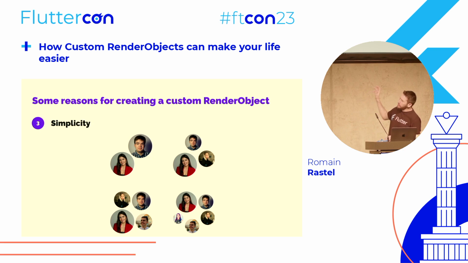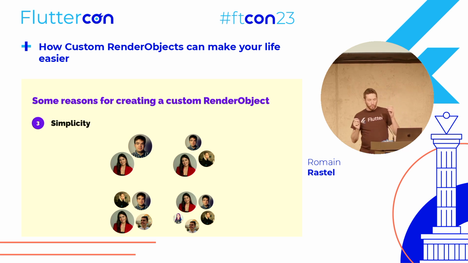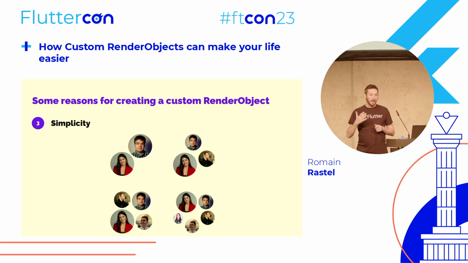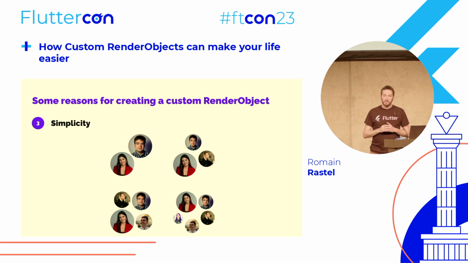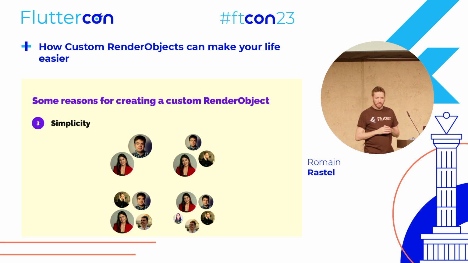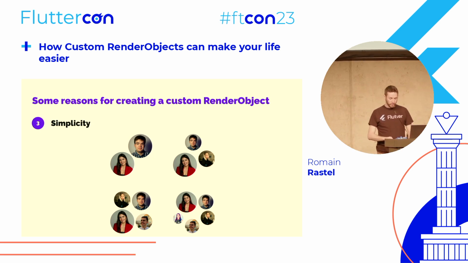In this example, we want to be able to display up to 5 avatars, and depending on the number of children, we want the size and the position of each avatar to be different. And to me, it was easier to go to the render object level than to create that in the widget one. I'm pretty sure we can do it with a stack or something like that, but it was easier for me to create a render object for that.